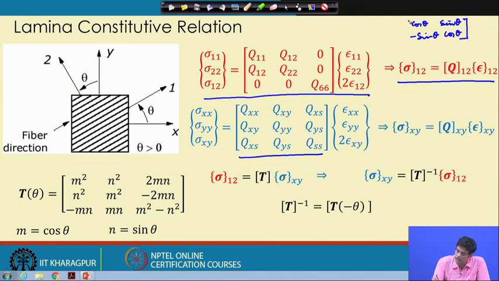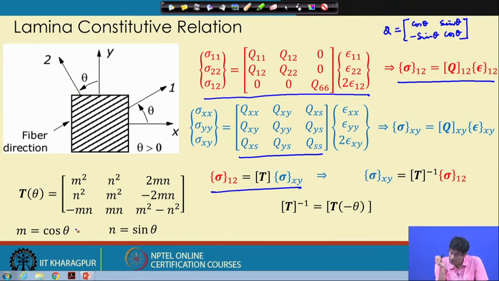So this is a 2D case, and this is the rotation matrix. With this rotation matrix we can transform vectors, and from those vectors we can compute the strains and stresses similarly, then we get the transformation matrix. So this is the transformation matrix from xy to 1 2, which is T, and T looks like this. It is in terms of m and n, where m and n are cos theta and sin theta.